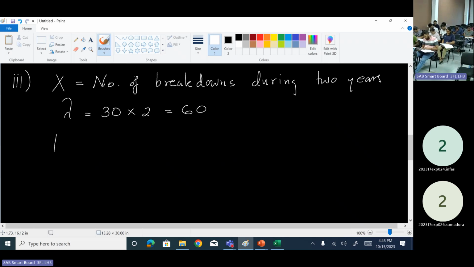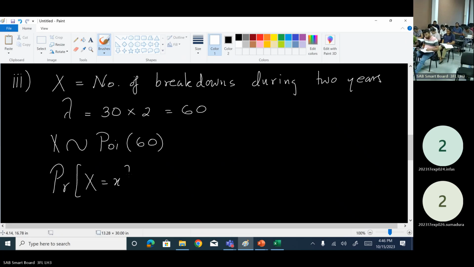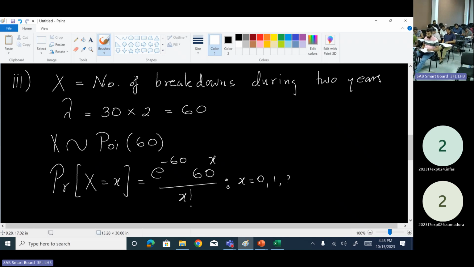So X follows Poisson with 60. So the probability function P(X = x) equals e to the minus 60, 60 to the x over x factorial. X can be 0, 1, 2, and so on.